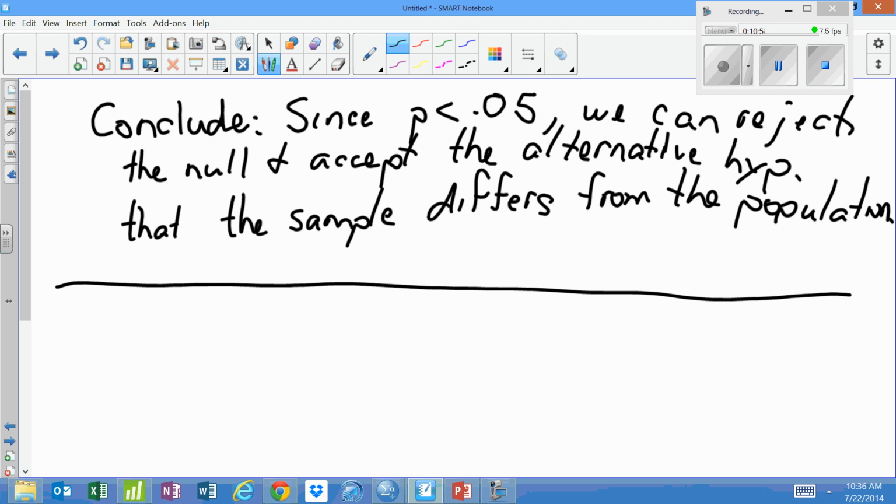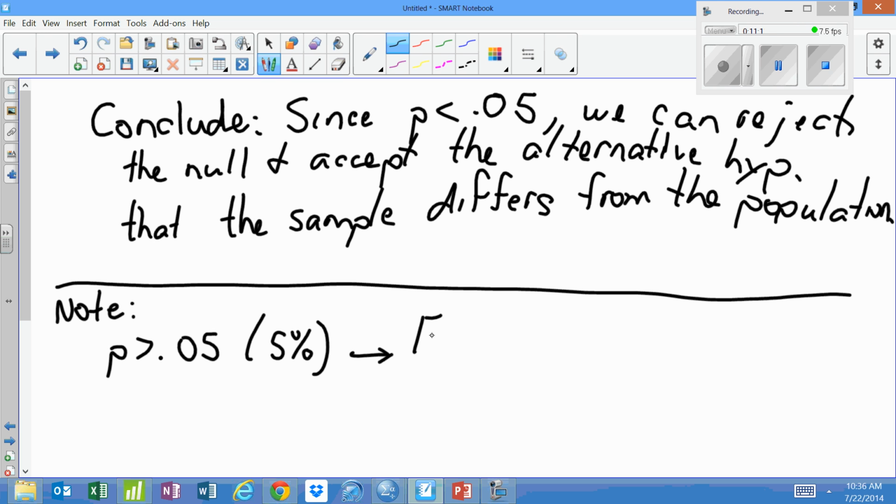A little guide or a note. If our p is greater than 0.05, or 5%, we would fail to reject null and can draw no conclusions.